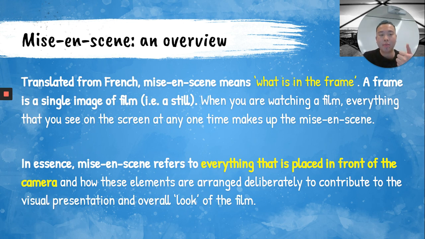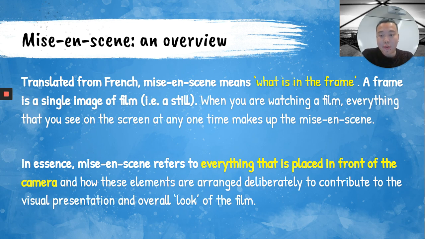The words frame, still, and screenshot are used interchangeably. I would prefer it if you use the terms frame or still, just because screenshot sounds a little bit informal. When we are talking about film analysis orally, I don't mind whichever of those 3 terms you use. But when you write formally, please use the terms frame or still.